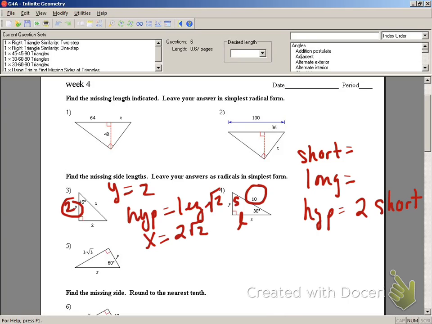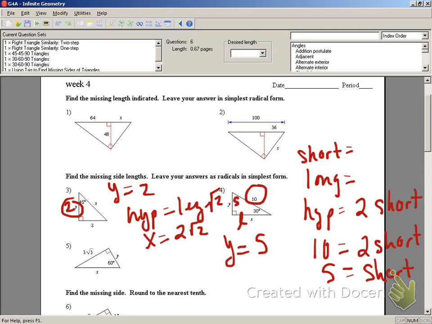But in this case, we're working backwards. We're told the hypotenuse equals 10. So say 10 equals 2 times the short. If I'm solving this for the short side, 5 is equal to the short. Therefore, y equals 5.